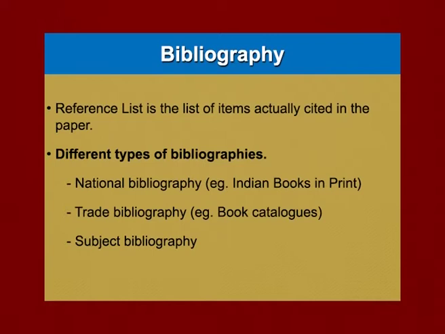Subject bibliography is something where, when a query comes to a librarian or an information professional, they search the different documentation and find out what articles are published on that particular subject. So that's how subject bibliography is very helpful to a researcher or anybody who wants to know more about that particular topic.